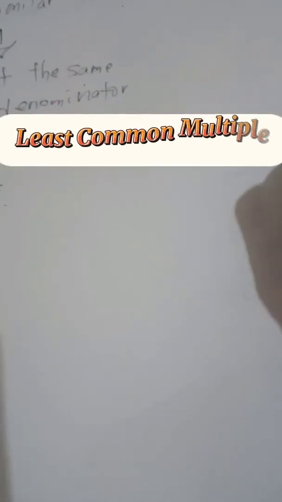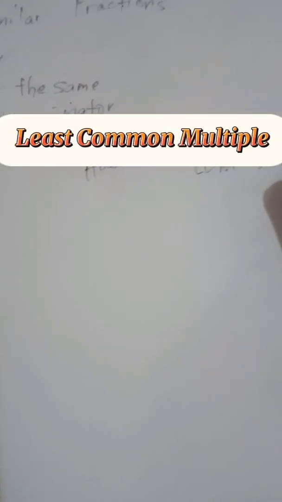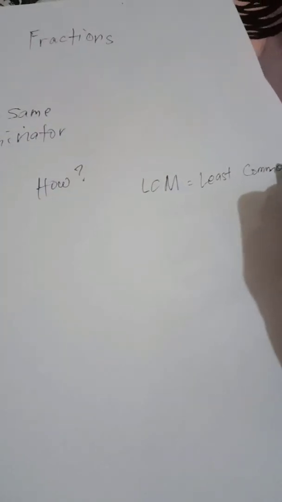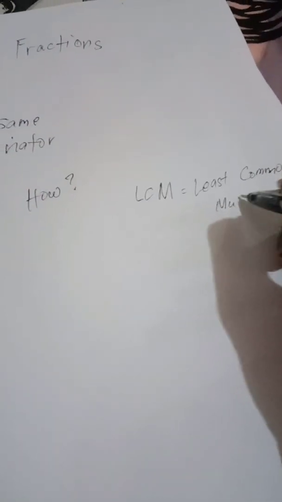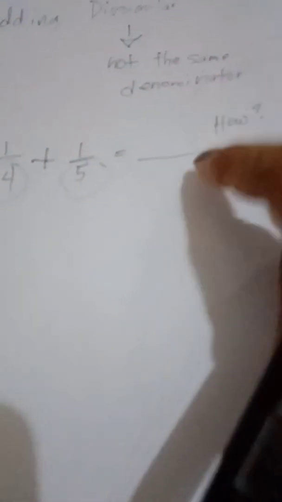LCM is the least common multiple of two numbers. The LCM is what we will put here as our denominator, so that we can add them.